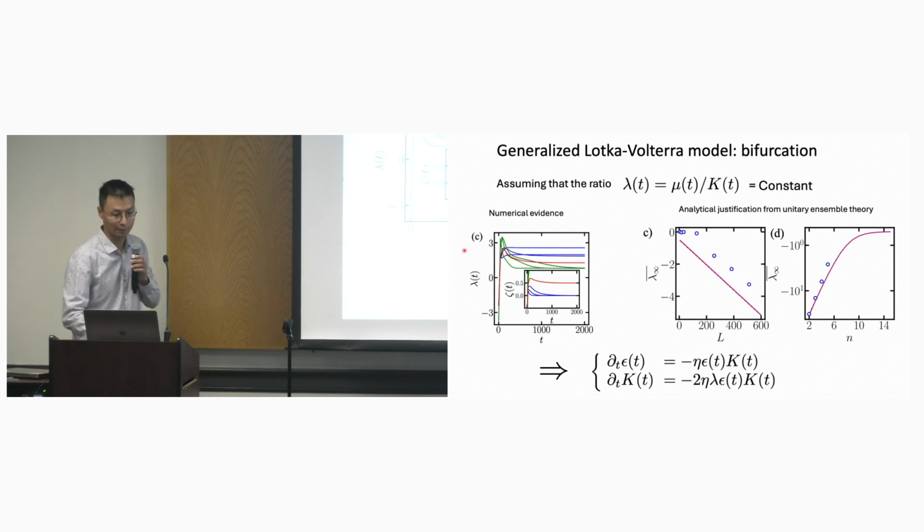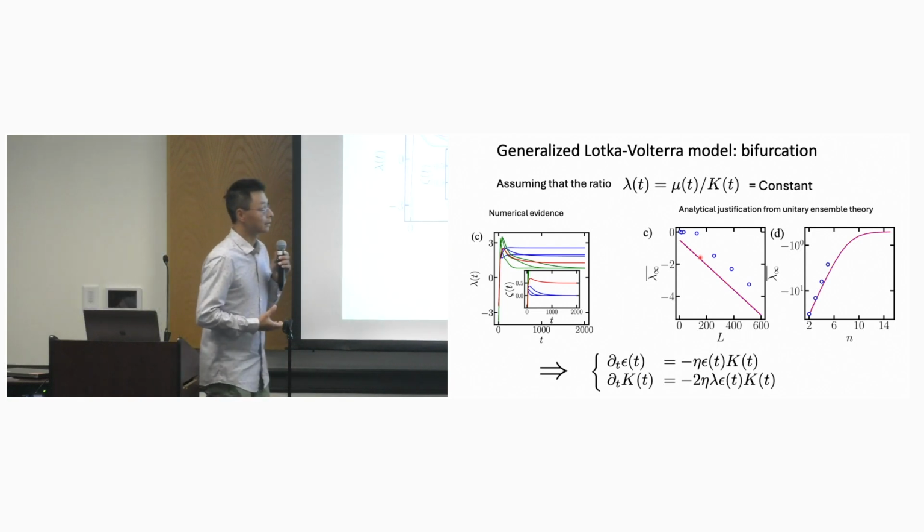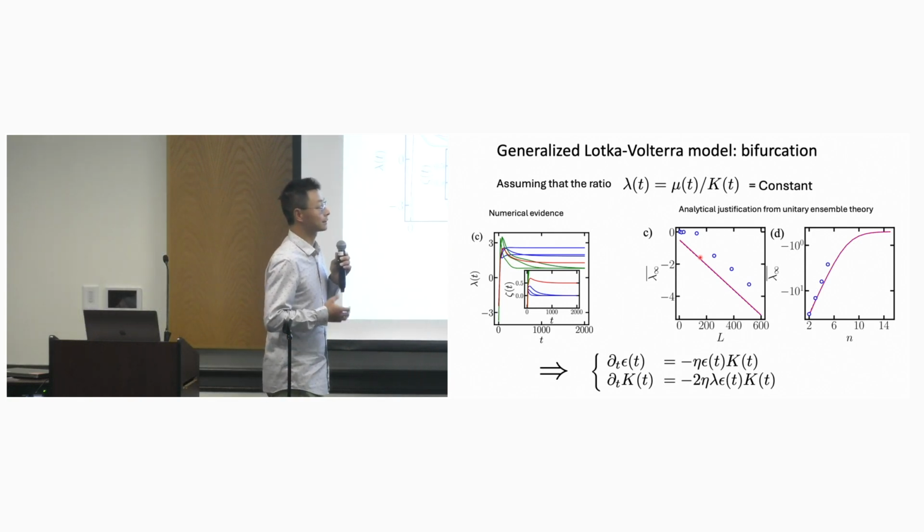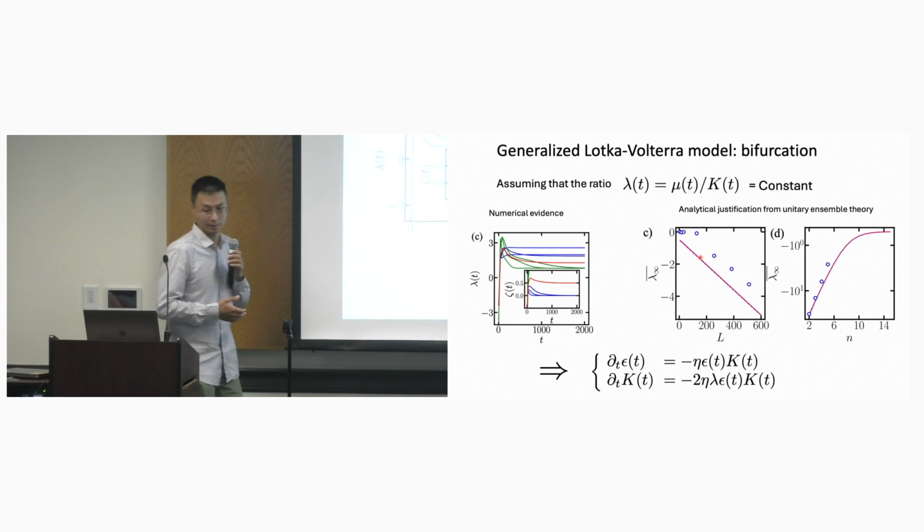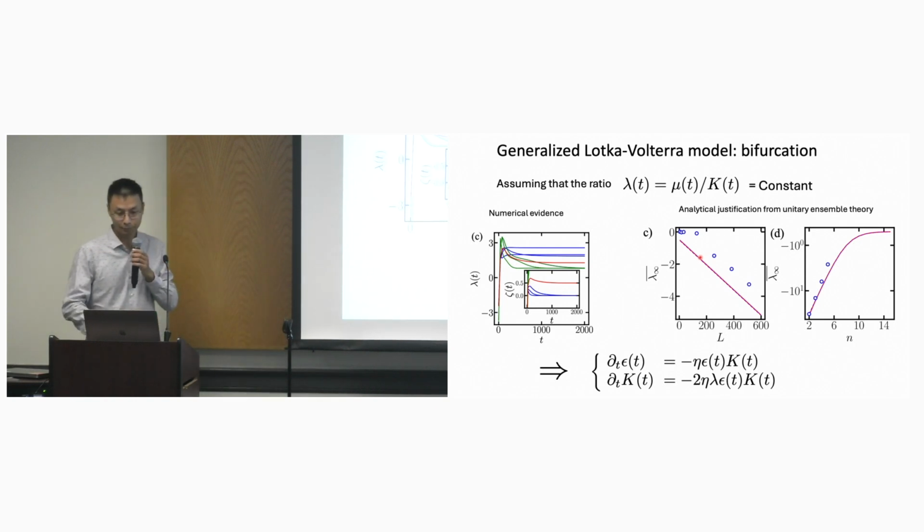The y-axis is the ratio we are talking about, the x-axis is time, and they do go to a constant during training. We can also later talk about ensemble theory to describe these quantum neural networks at late time, to actually justify this assumption of a constant ratio.